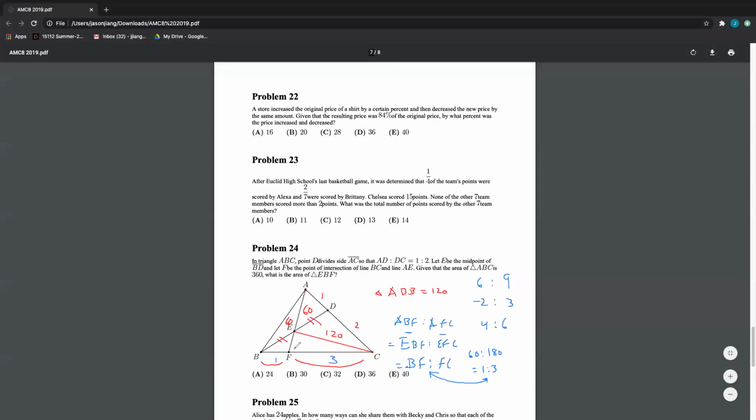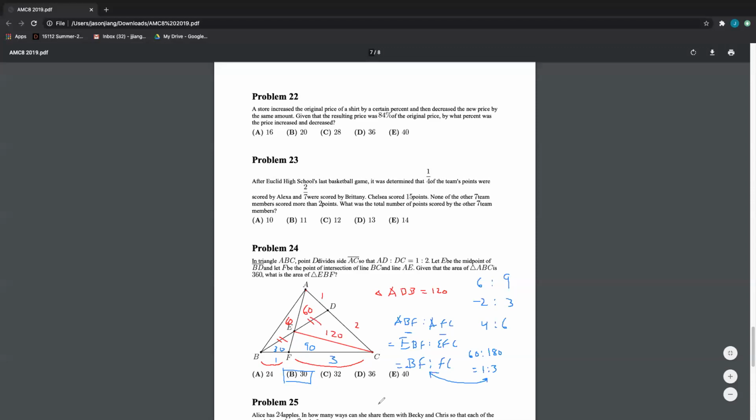So now we just have to look at how much area we have left. 60 plus 60 plus 120 is 240. So we have 120 left to be distributed in the ratio 1 to 3. So the only way to do that is 30 to 90. And that gives us the answer 30.